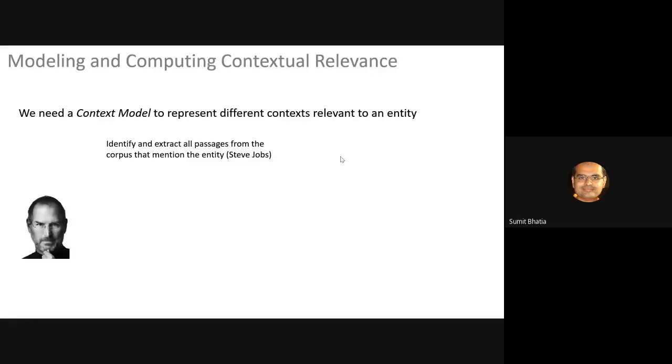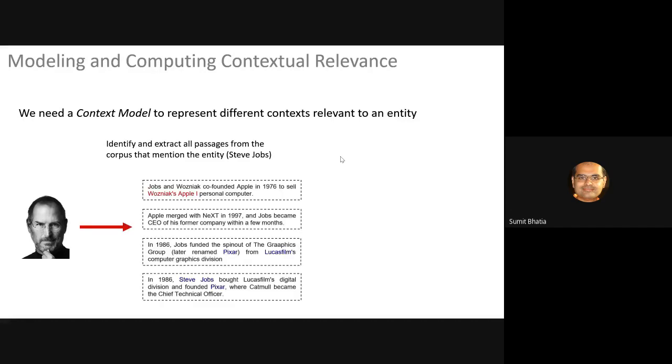What we do is, from Wikipedia articles, we identify and extract all the passages from the complete Wikipedia that talk about Steve Jobs, right? For example, the passages or sentences could be like this. One document has a sentence which says Jobs and Wozniak co-founded Apple in 1976, and Wozniak's Apple personal computer.